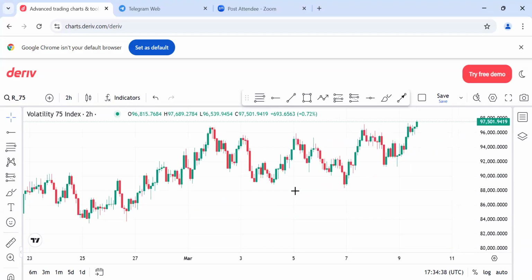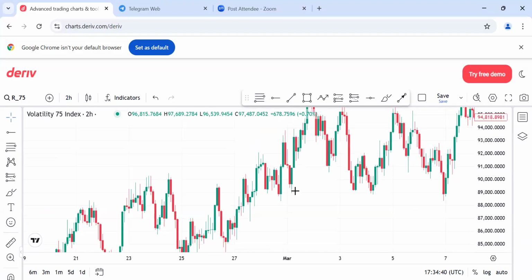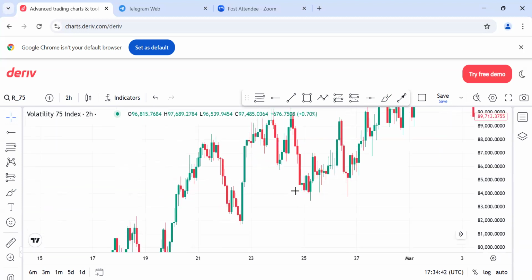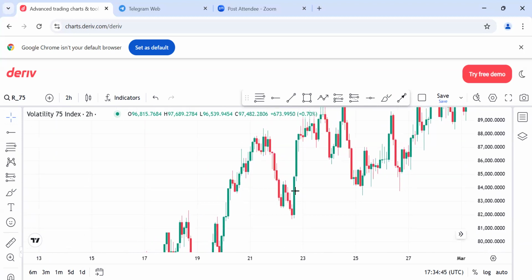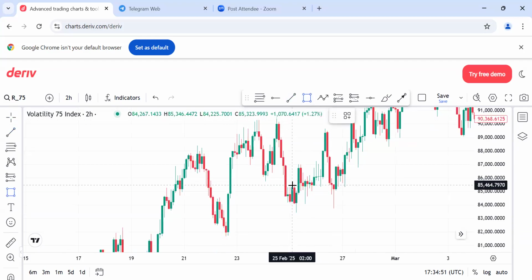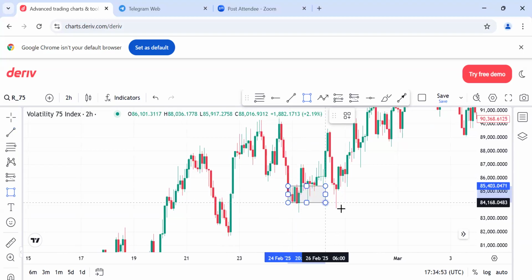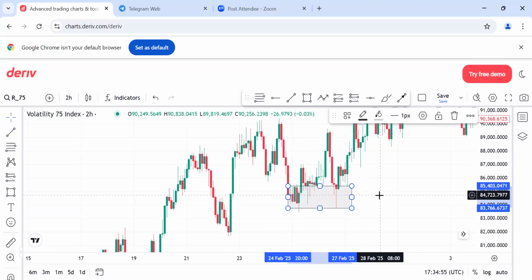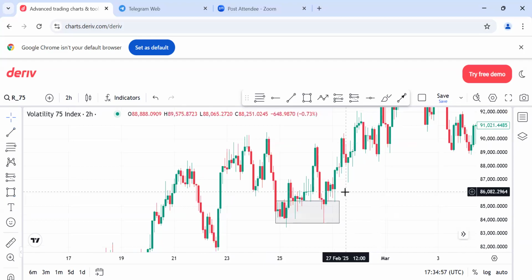Let's see something. Looks good. This actually looks good. Yeah. A drop-base rally, a bullish order block.